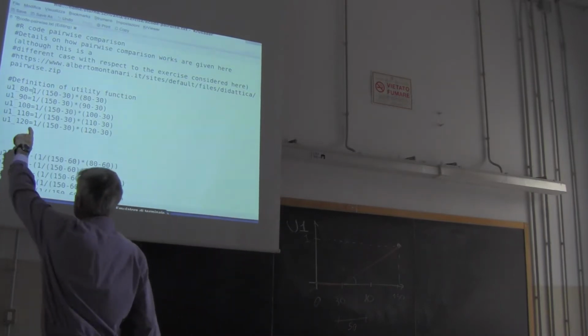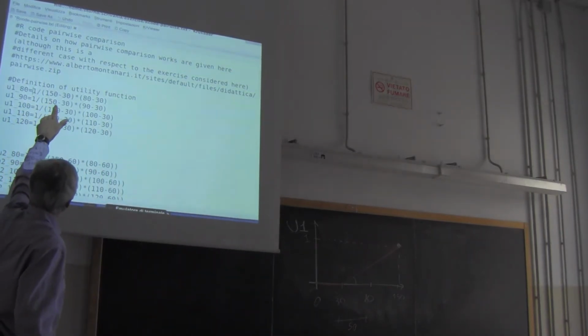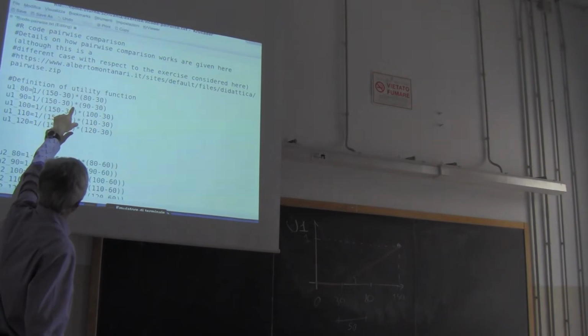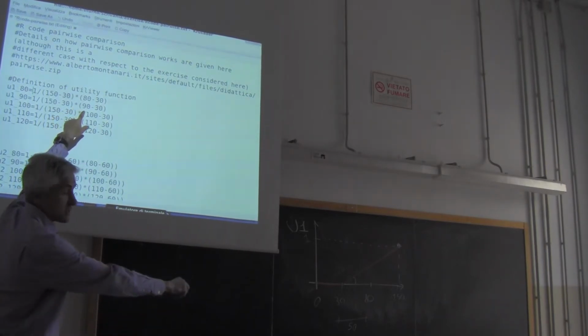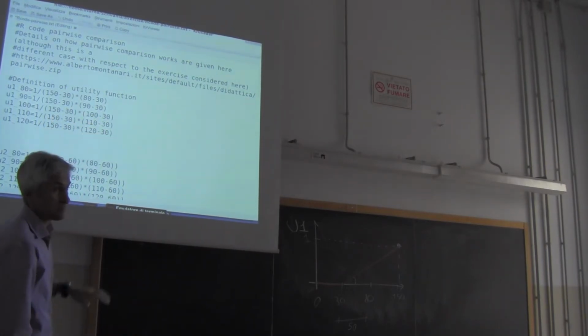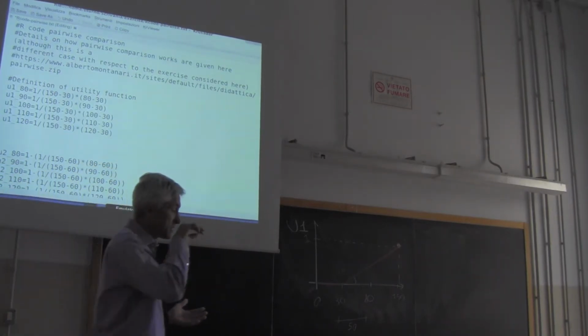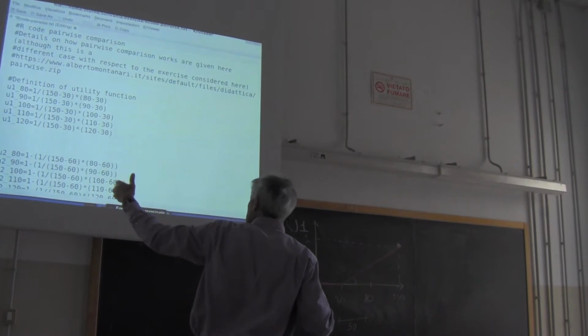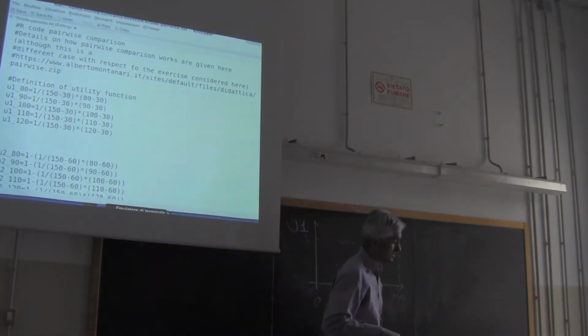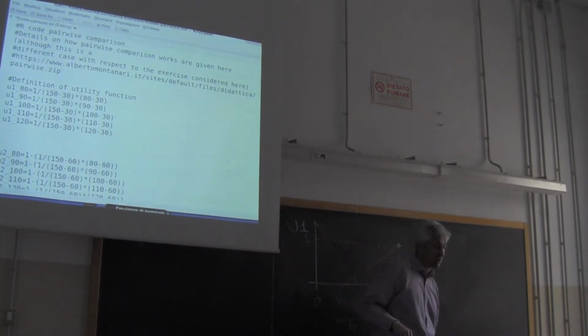So 1 divided by 150 minus 30, multiplied by 50, the span, 80 minus 30. Very simple, it's linear interpolation. The same thing for the other 4 lines. So I think there is not much to say here.